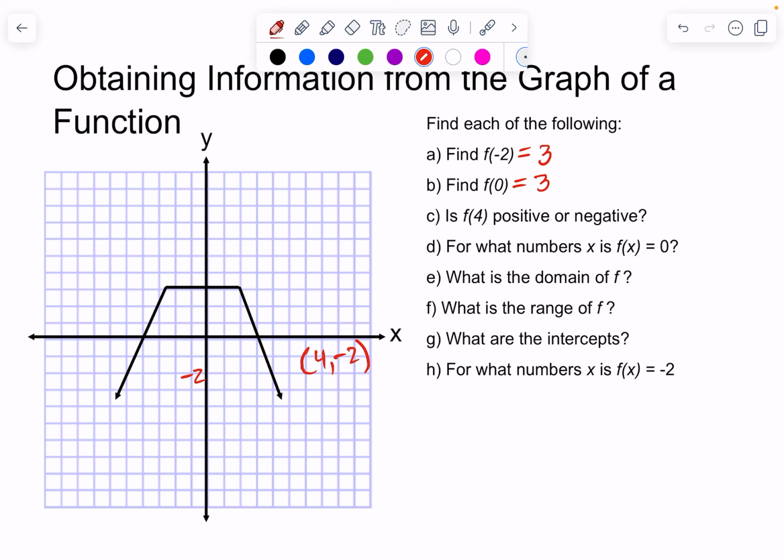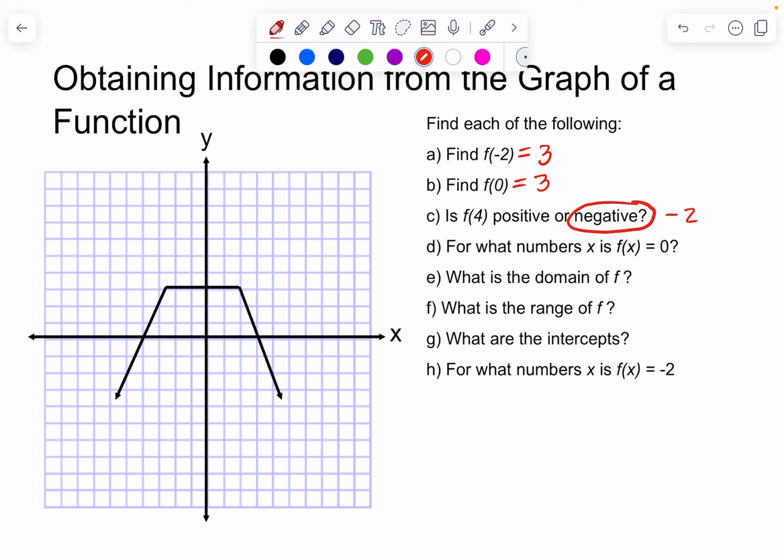So therefore, is f of 4 positive or negative? They're asking, is the y value when x is 4 positive or negative? In this case, it is negative. And to be exact, it is a negative 2. Now, for what numbers x is f of x 0? This is a good one. This tends to trick a lot of people. They're looking for the x's now that give you an f of x or a y value of 0.